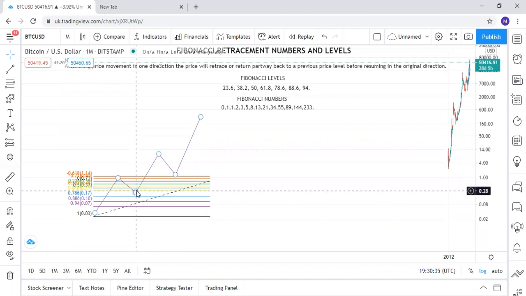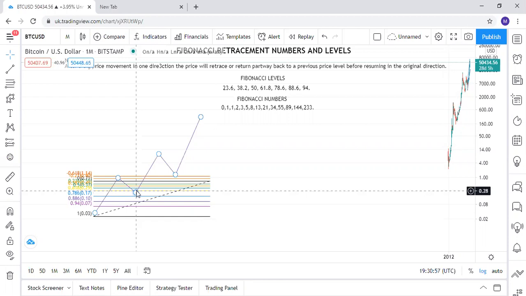Then you know that the market is respecting this fib level. This might happen at the 38.2, at the 50, or at the 61.8. So if you don't see a rejection or a reversal pattern at any of the fib levels, please don't yet enter your buy. Wait for it to give you a candlestick reversal pattern at the fib level.